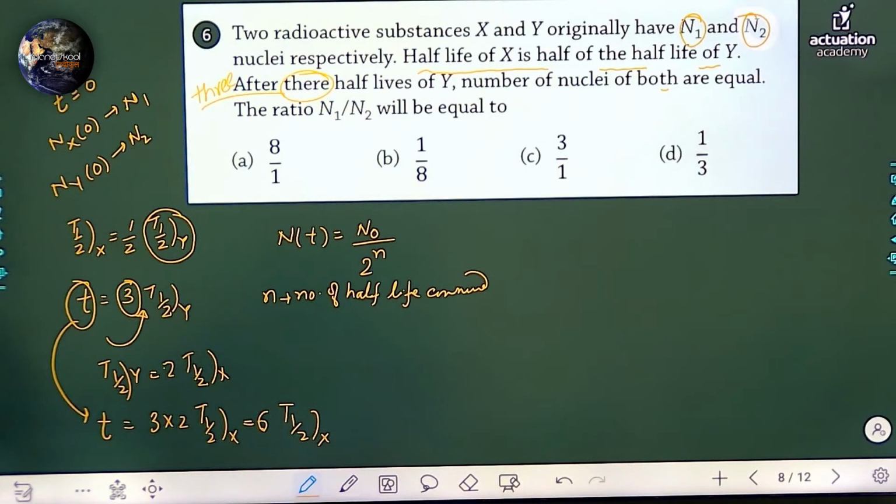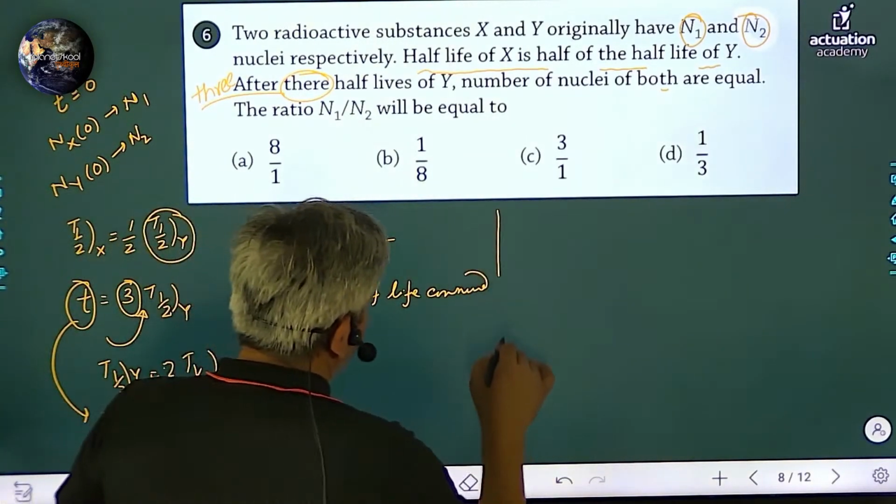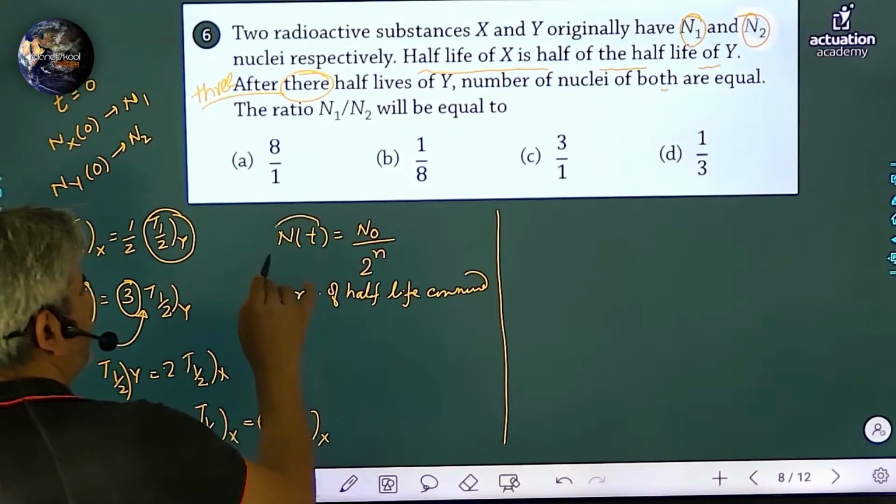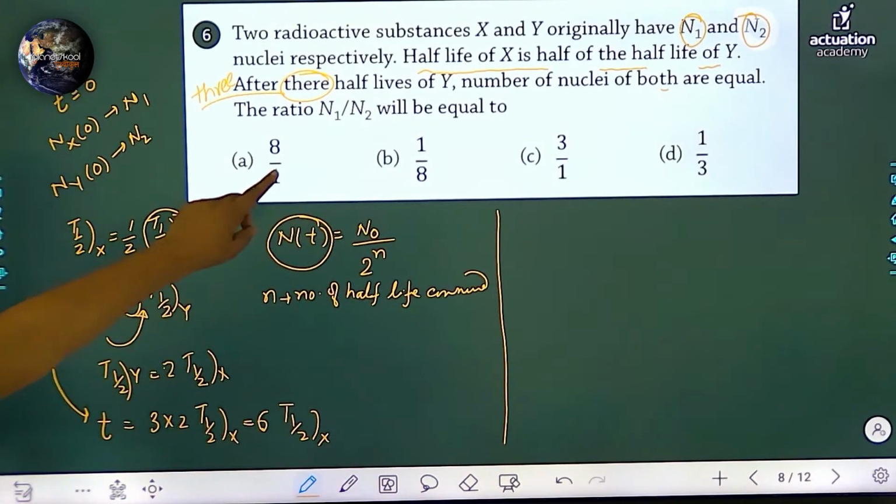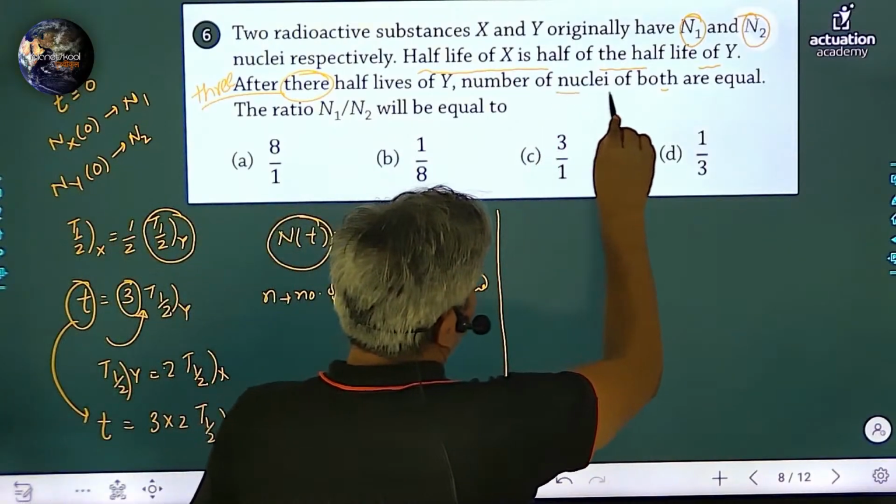Now this is simple. It is also given that after time T, or after 3 half-lives of Y, the number of nuclei for both are equal.